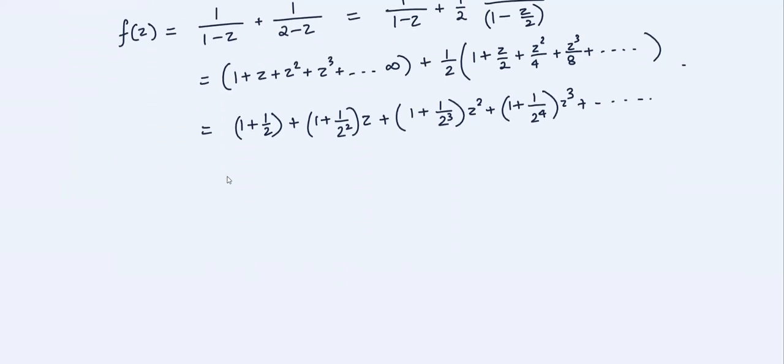Of course, we can write this as summation of 1 plus 1 by 2 power n plus 1 times z power n, n equal to 0 to infinity.